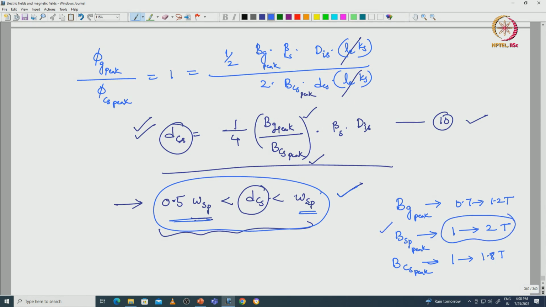Because of that, the flux density peak value in the stator pole is more as compared to the flux density at the back iron.